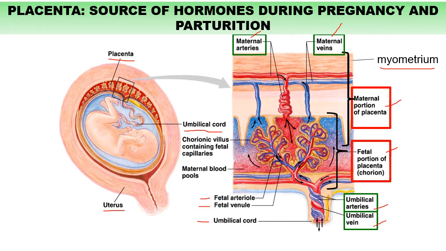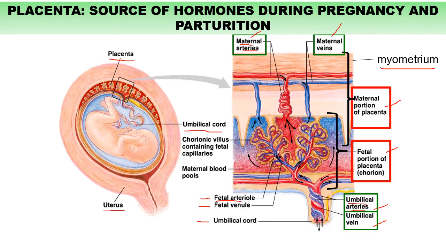Basically this image shows how oxygenated blood and deoxygenated blood, as well as nutrients and waste products, are transferred between the mother and the fetus. Oxygenated blood and nutrients from the mother are carried through the maternal arteries, which will then be transferred to the fetal arteriole, and then to the fetus through umbilical arteries.